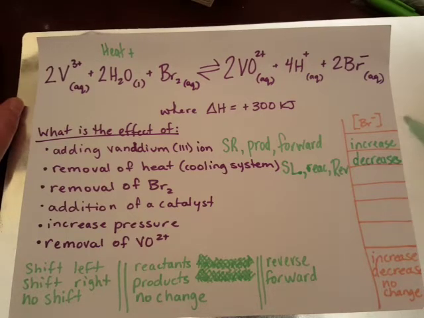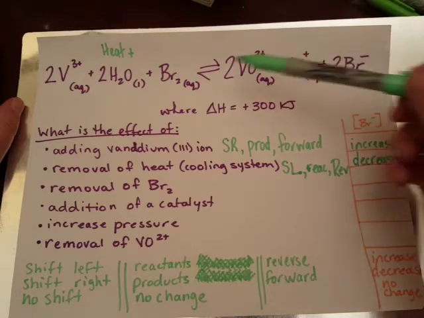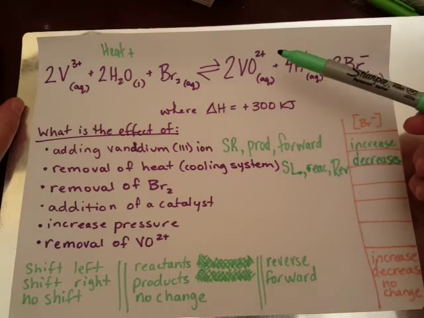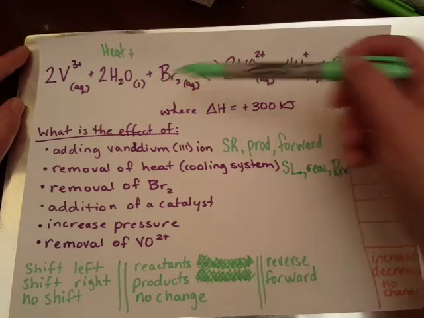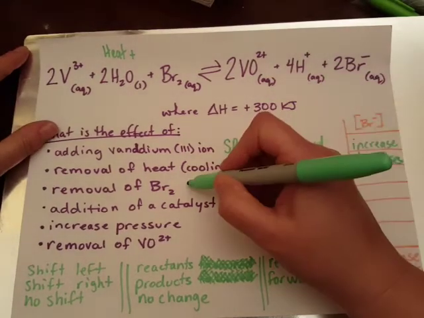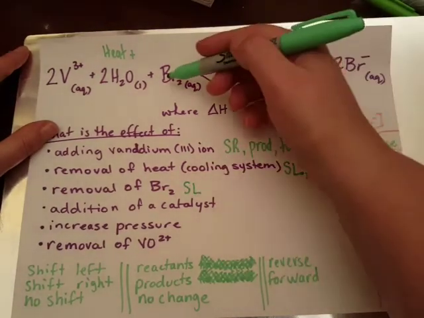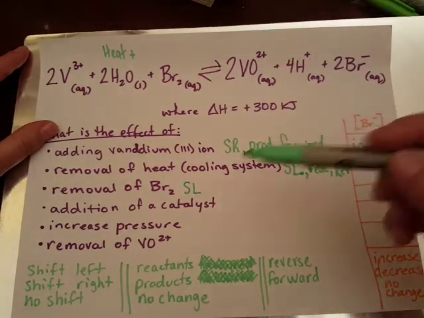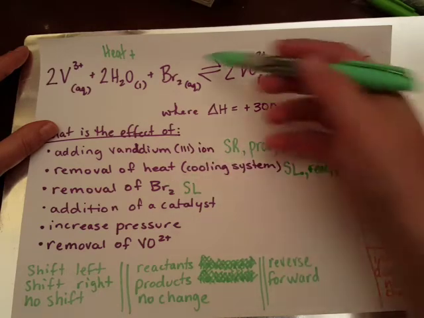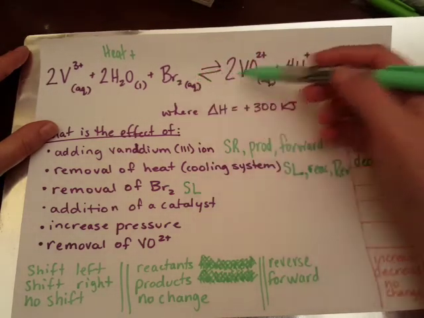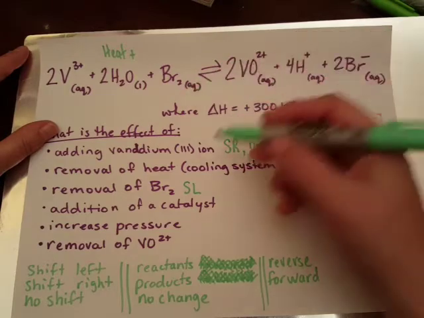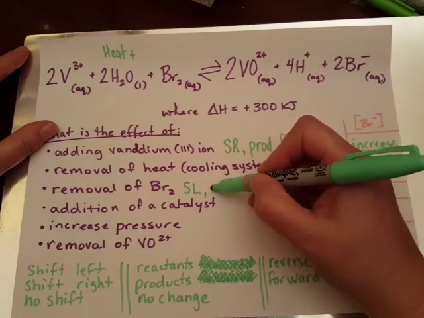Again, we're going to want to shift back left to refill that bromine that has been removed. It's as if a hole has been created and now the reverse reaction is trying to fill it up.